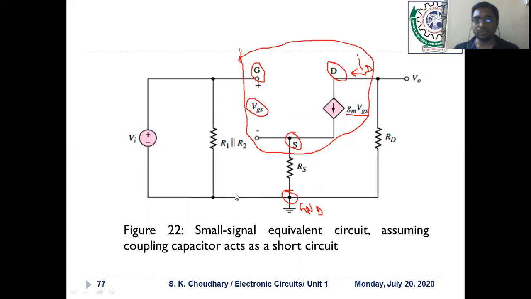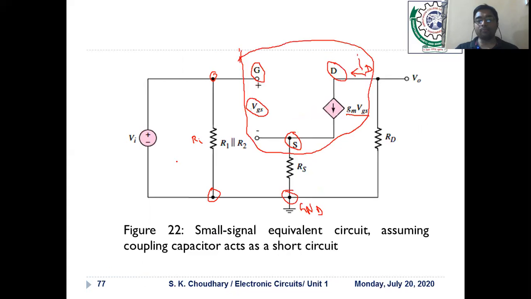The same has been shown here. If you look at the small signal equivalent circuit, this is nothing but Ri, connected between the gate terminal and the ground terminal.